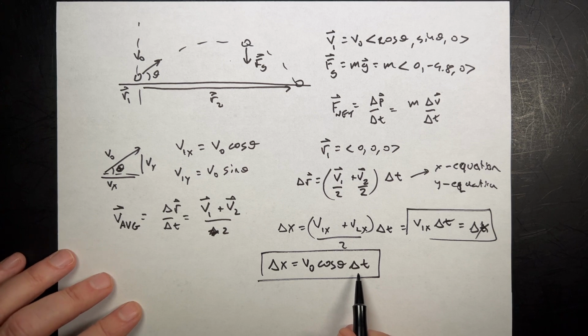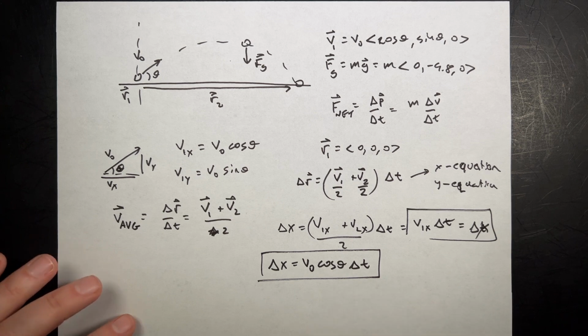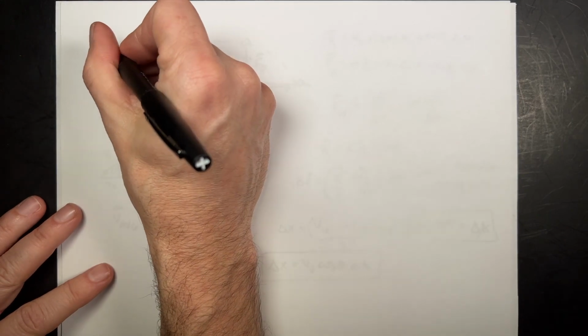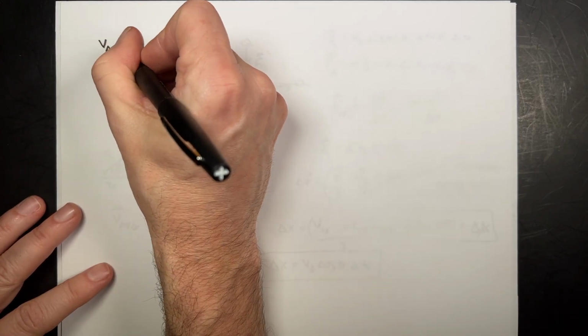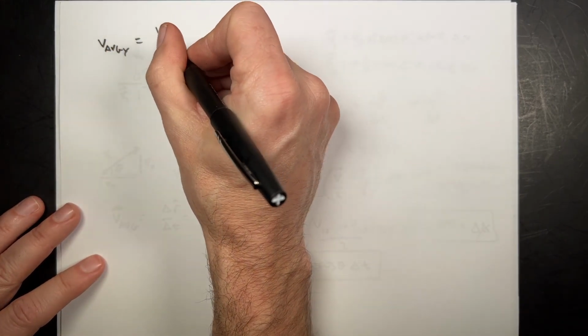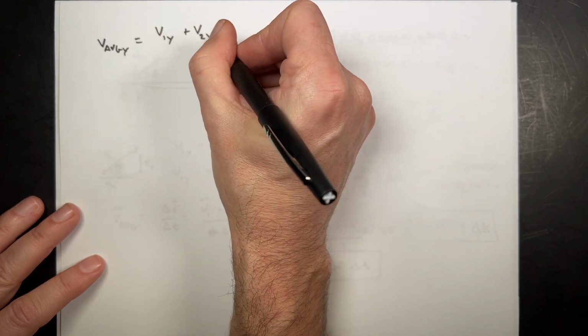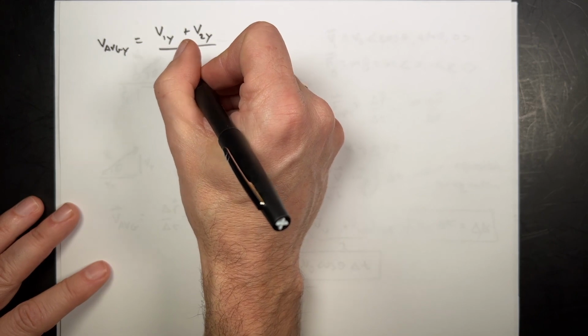Now I need to find the time. That's my problem. Well, let's look at this same equation in the y direction. So I'm going to say v average y is going to be equal to v1y plus v2y over 2. That's the average.